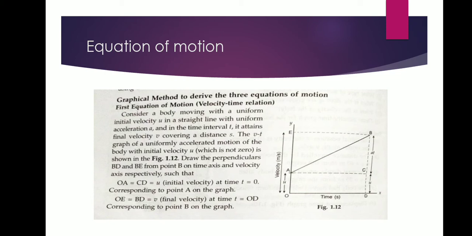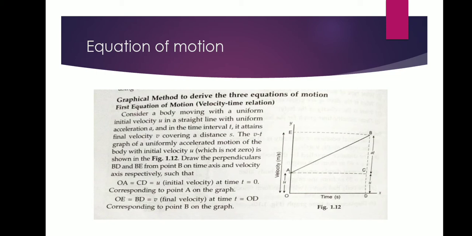Let's see here. Here we have considered a body moving with a uniform initial velocity u. u is the initial velocity of a body in a straight line with uniform acceleration a.